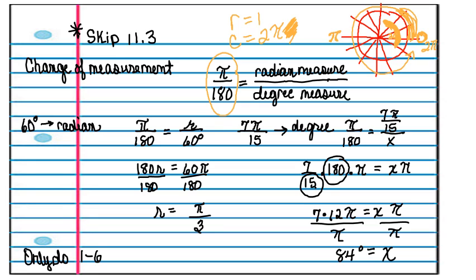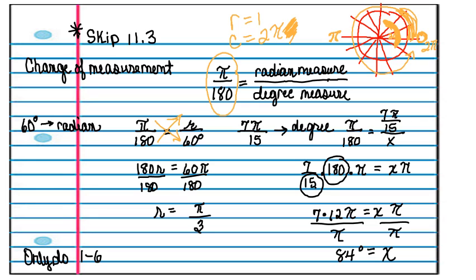That's radian. So I'm going from degree to actual length measurement. And so I'm just going to set it up as the ratio here. So pi over 180 equals r over the 60 degrees.